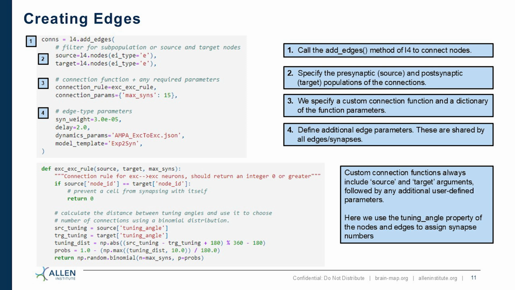So yeah, below is our custom excitatory to excitatory connection rule. It should return a single integer, 0 if there are no connections formed, 1 or more if there are one or multiple connections.